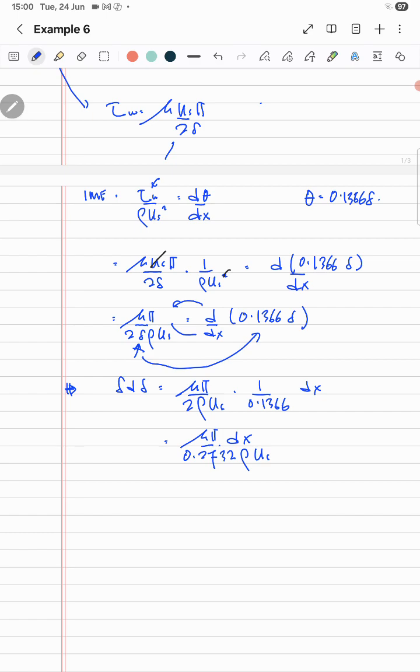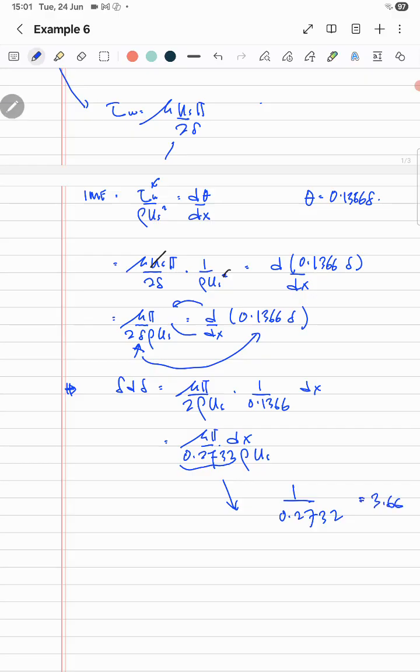And if you want to look at it in a simpler way, this is basically 1 over 0.2732, which is 3.66.